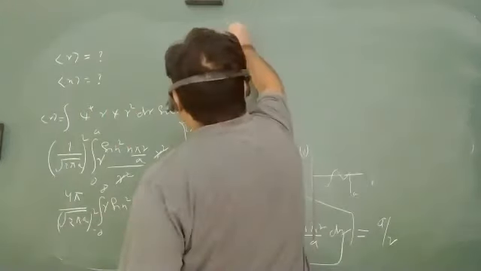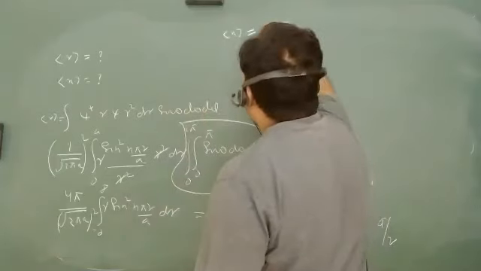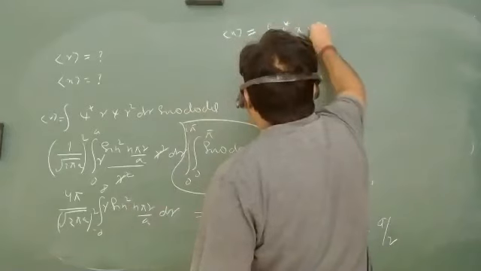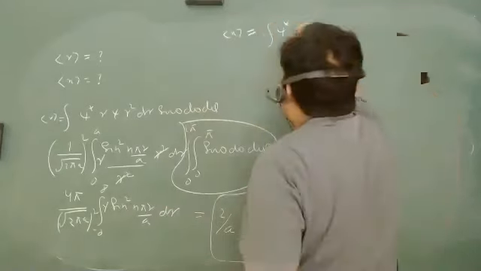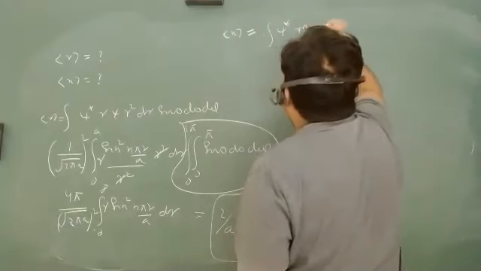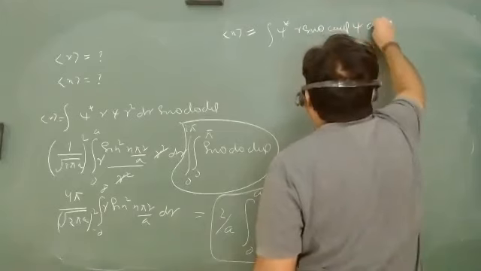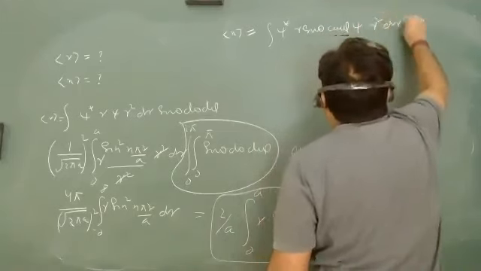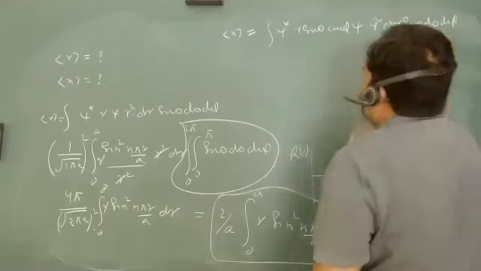So expectation value of x is again psi star x psi, but x is here r sine theta cos phi, and you have to go for r square dr sine theta d theta d phi.